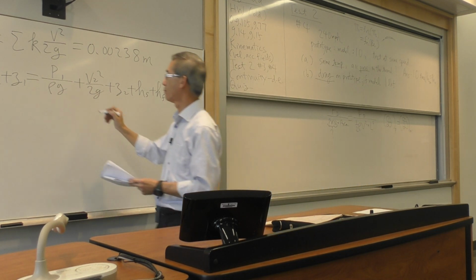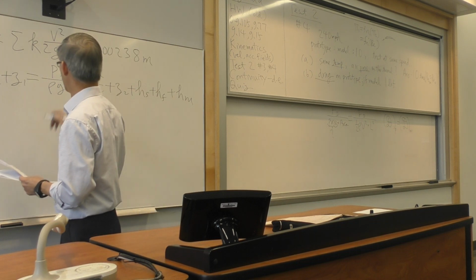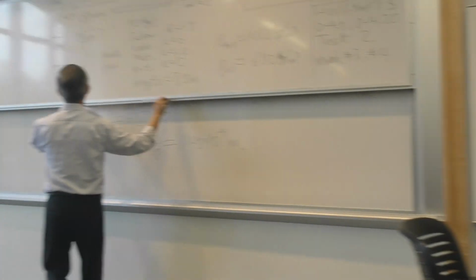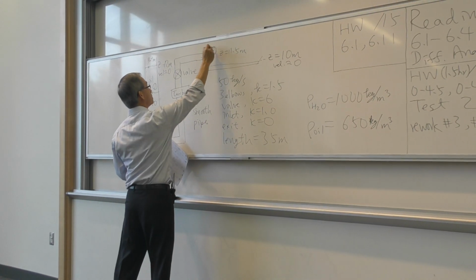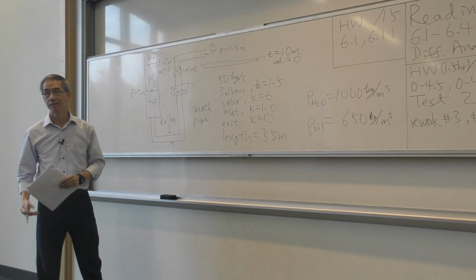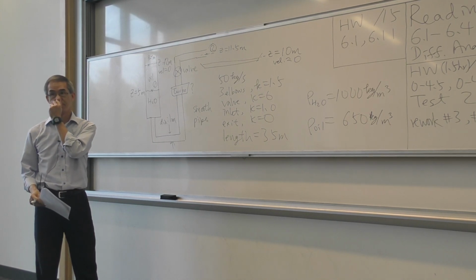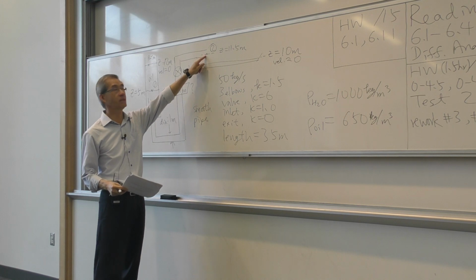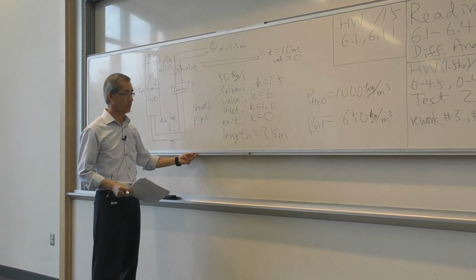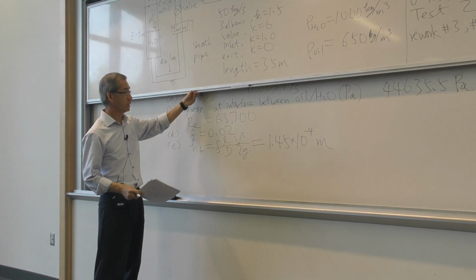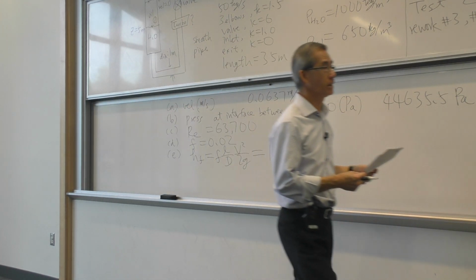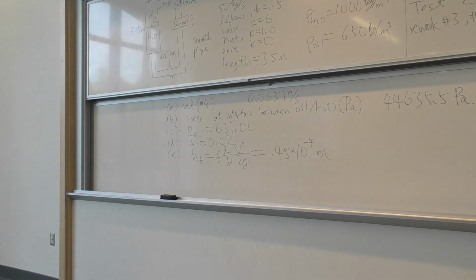I have a subscript here wrong, sorry. V2, please pay attention. For my solution 2 was chosen at the exit of the pipe. If you do that, there's a finite velocity at 2, which as I mentioned, turned out to be very insignificant, very small.